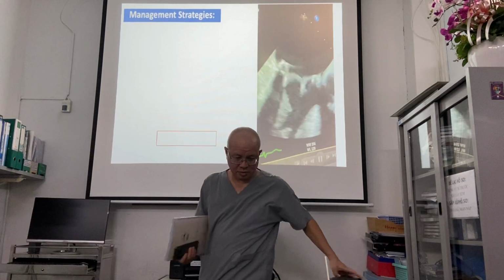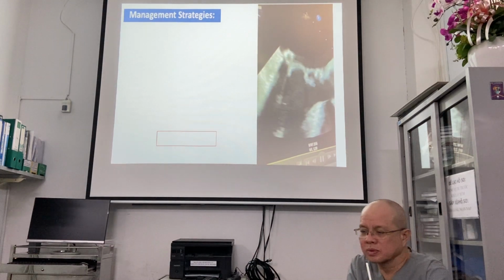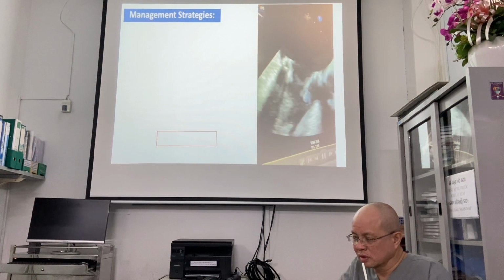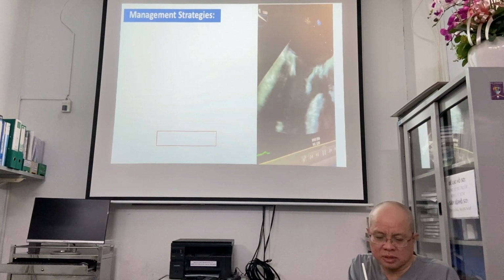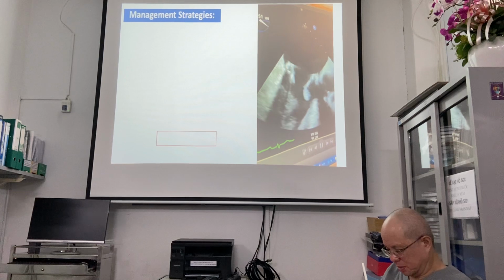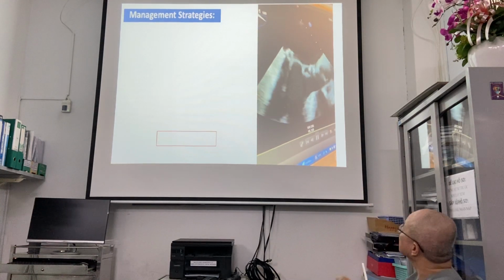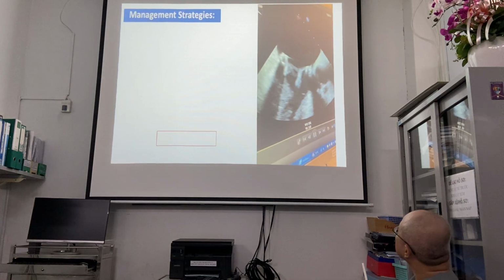So they believe it's a thrombus, and the patient and the surgeon say, I don't want to operate on the patient again. So then the surgeon asks me, can you take this out? But how? The surgeon tells me, you try to take it out.